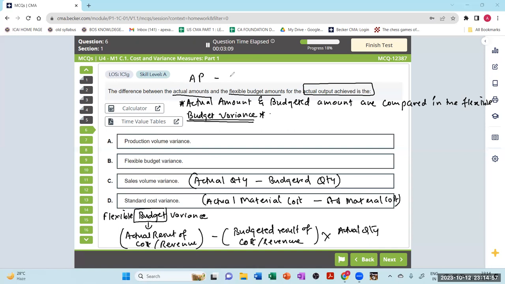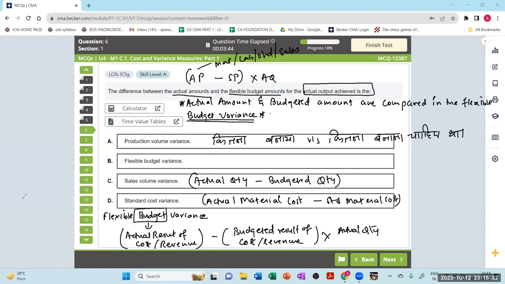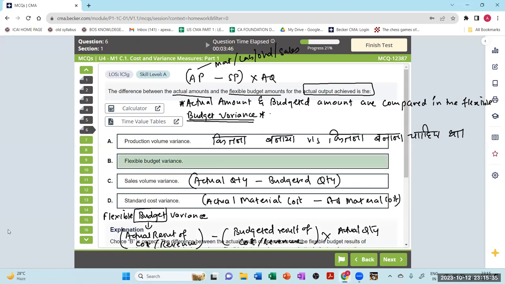Actual price minus standard price multiplied by actual quantity. This can be actual price of material, this can be labor, this can be overhead, or this can be sales. It can be anything. Production volume variance is how much you made versus how much you should have made. So that is why your answer is flexible budgeted variance.